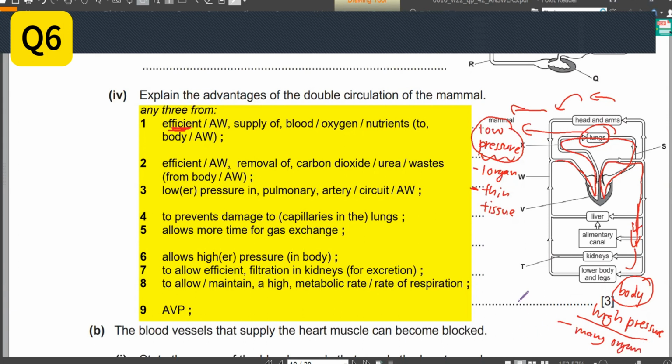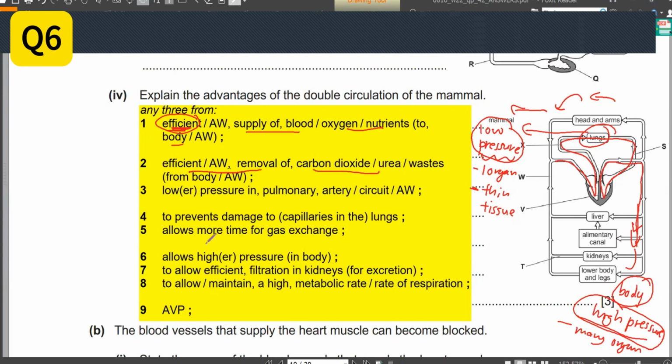Because we have the double circulation, we can have high pressure and low pressure situations for different purposes. So it is more efficient to achieve different purposes. We can supply blood, oxygen, and nutrients to the body more efficiently. At the same time, removing the waste is also more efficient.